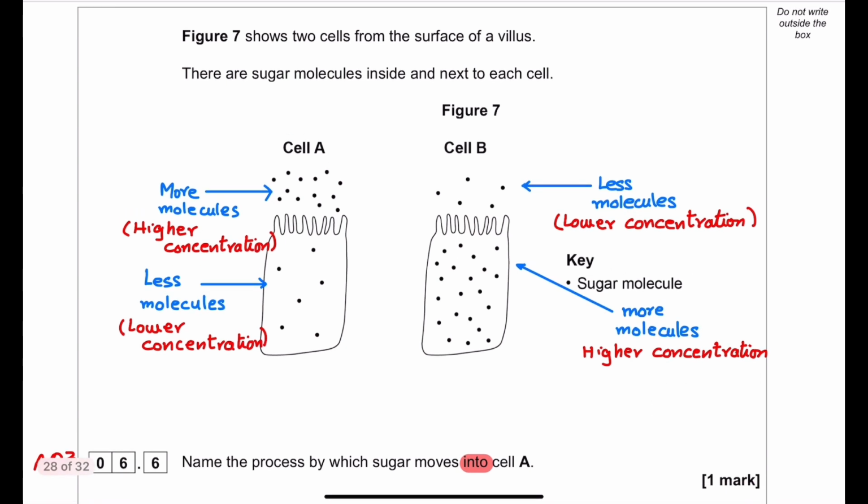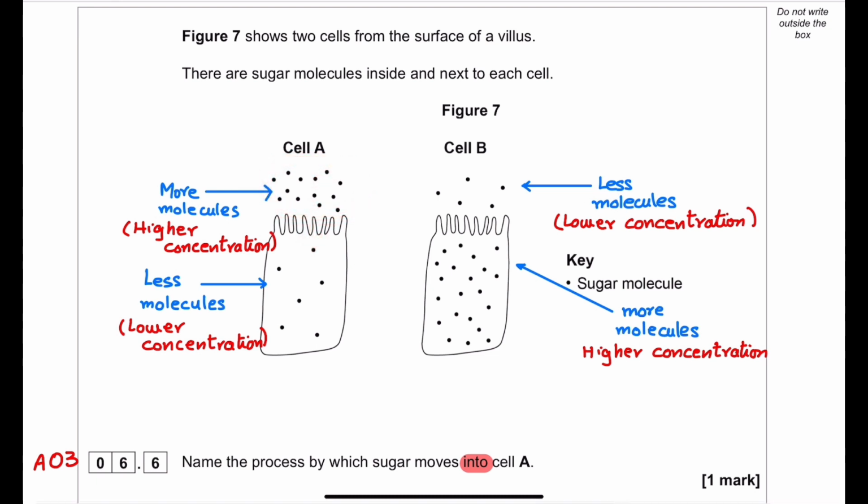6.6. Name the process by which sugar moves into cell A. It is an AO3 question, and this question is from the topic of diffusion. The sugar molecules need to move from outside to inside.